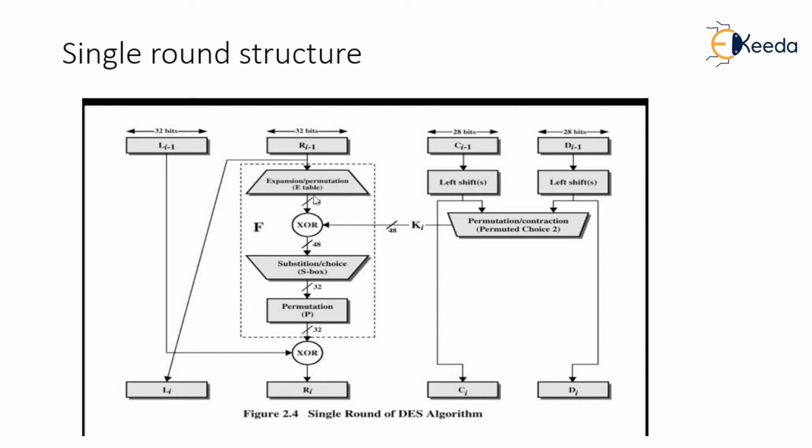When it undergoes the expansion permutation, the 32 bits are converted into 48 bits. The 48-bit expanded, permuted output is then XORed. This XORing takes place with the help of the function key.